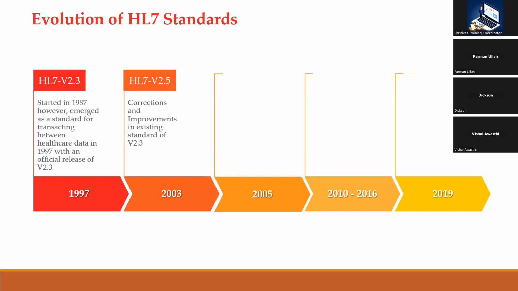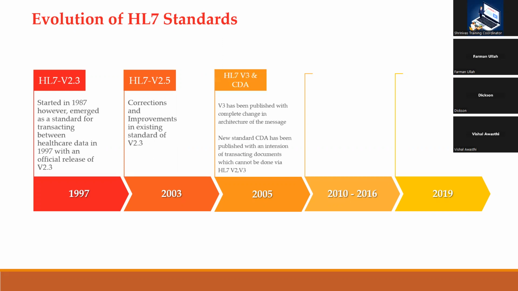And after that, we had one major release called version 3. There was a lot of discussion about version 3 when it got released back in 2005, because version 3 was a complete reformatting of the structure that we had for V2.